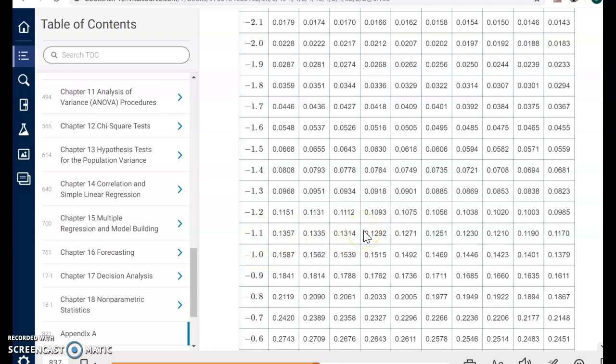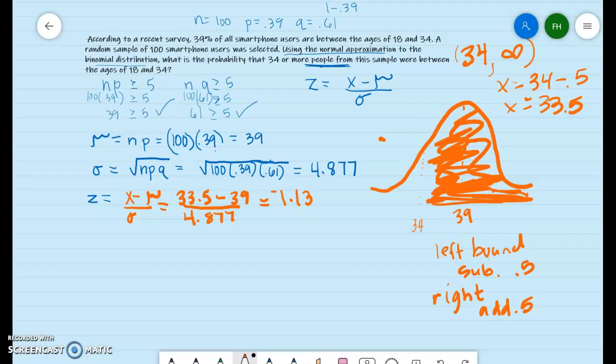So 0.1292. So when we go and look at our table, 0.1292 would be this area here. Remember, if we want greater than, then we're going to have to say 1 minus that area. So we know this area is 0.1292.